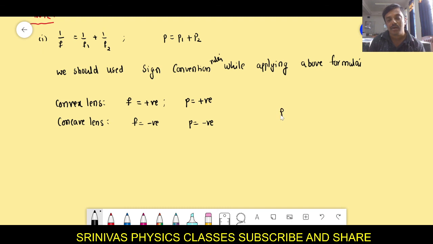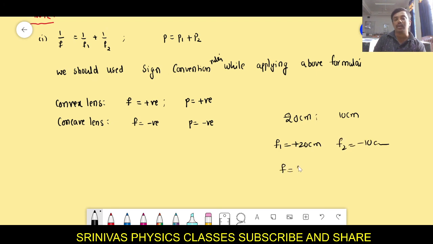For example, a convex lens of focal length 20 centimeters and a concave lens of focal length 10 centimeters are combined. Find the effective power or focal length. कॉन्वेक्स लेंस का फोकल लेंथ दिया इसलिए +20 लेना है, कॉनकेव का -10 लेना है.